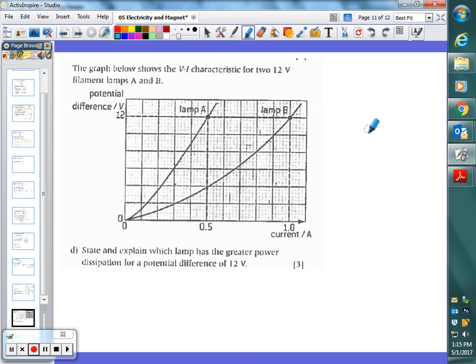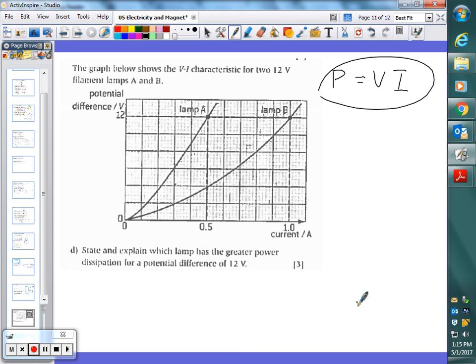Lamps dissipate power, because power is how much energy we're converting per second, right? There is a way you can do this. I won't show it to you right now because the formula will be on your sheet, but we can calculate the power dissipation if we know the voltage and we know the current. Okay? So power is equal to voltage times current.